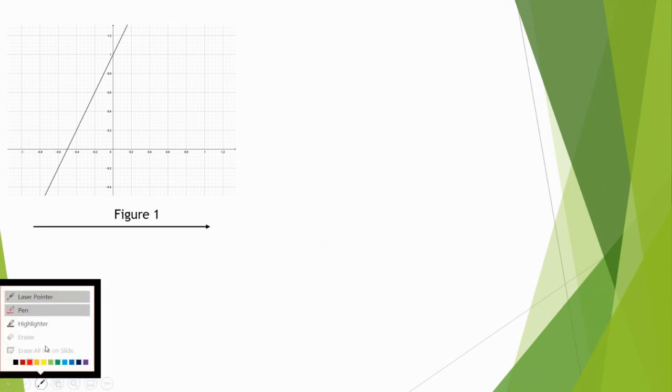Here's another example. If you look at this one, again, is this going to be increasing or decreasing? Well, as you move to the right, as you walk to the right, in the direction of this arrow, what's the graph doing? Well, it's going up. It's climbing. You can imagine walking along the graph.